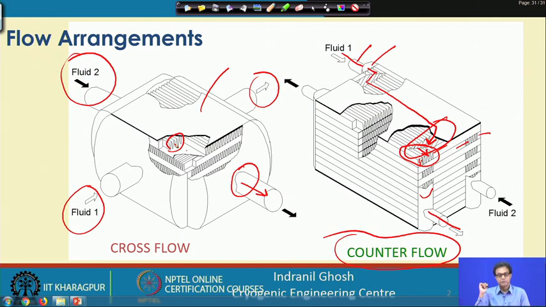At the same time, we also need to ensure that there is no leakage or puncture of the separating plate, so that fluid 1 and fluid 2 or any other fluid are not mixing with each other. So, that we also have to ensure.